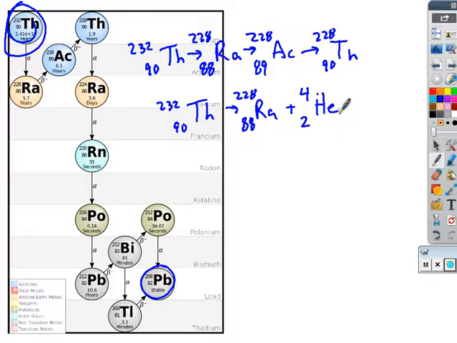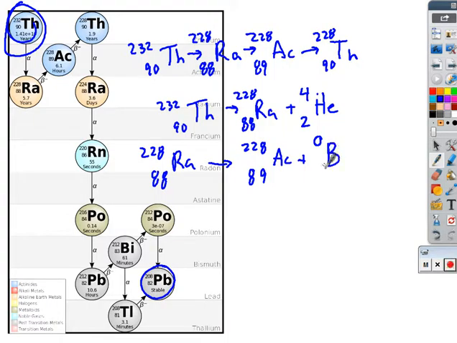In the next example now, I have radon, which undergoes another decay. And in this situation, at the end, I still have 228 nucleons. However, I have 89 protons now. So this can't be an alpha decay because I have no change in my mass number. So what form of beta decay is this? Well, I can use conservation of charge to determine this. Before, I have 88 protons.